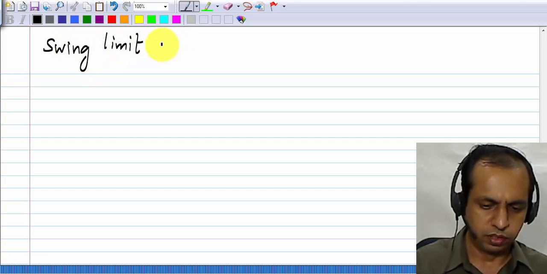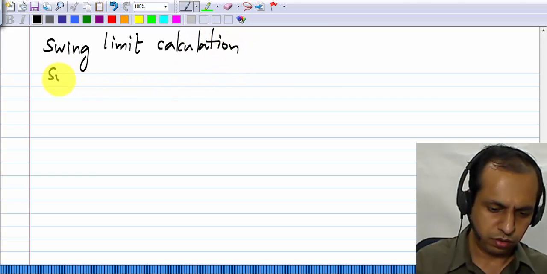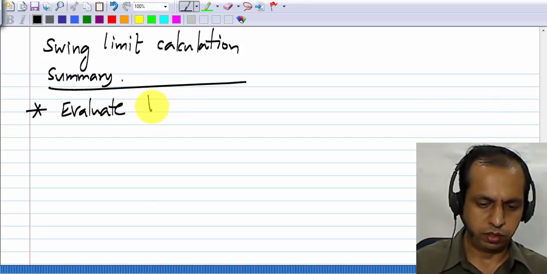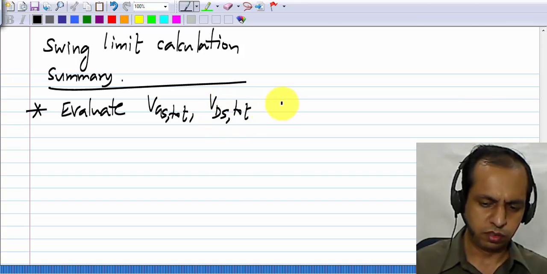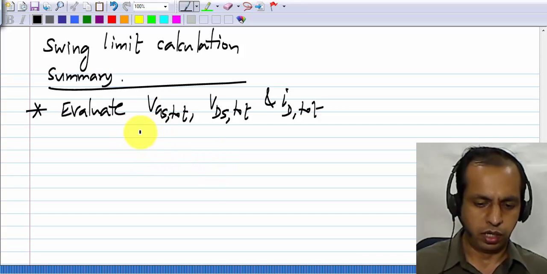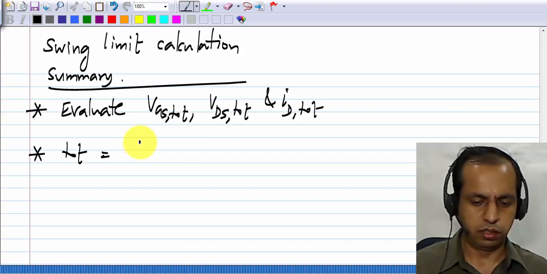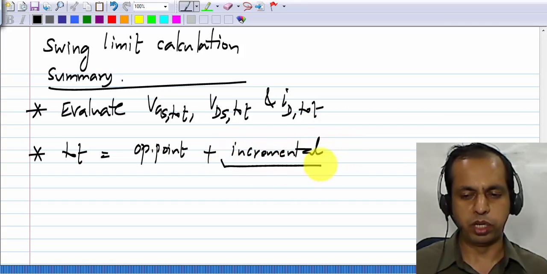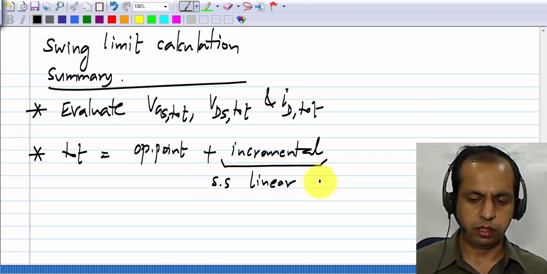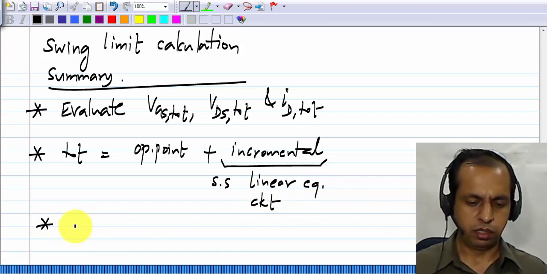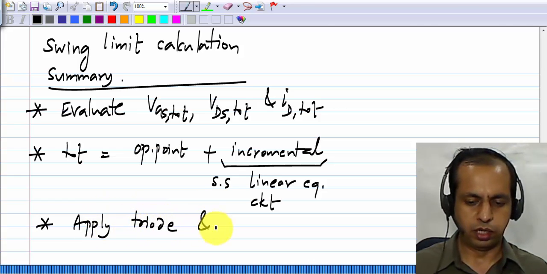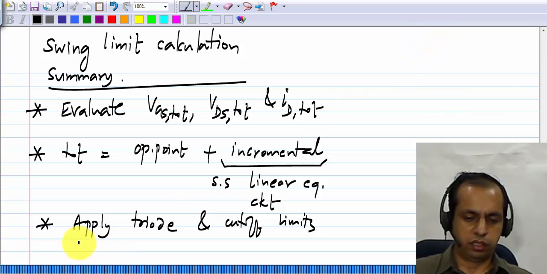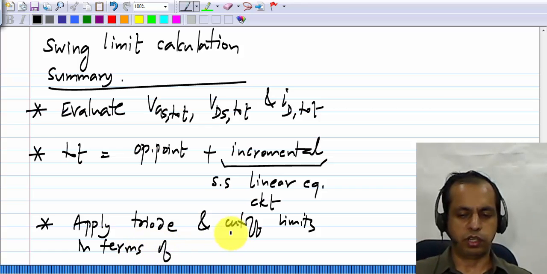So this is the summary. Evaluate the total quantities, and the total quantities are the sum of the operating point quantities and incremental quantities, and this part comes from the small signal linear equivalent circuit, and then apply triode and cutoff limits, and typically you evaluate this in terms of either the input voltage or the output voltage, whichever you wish to have.